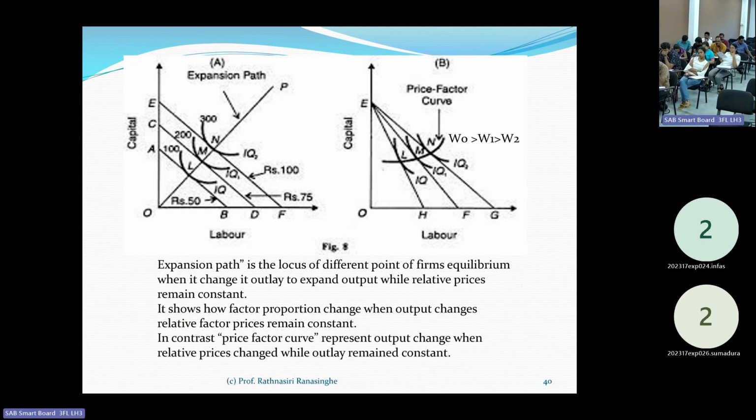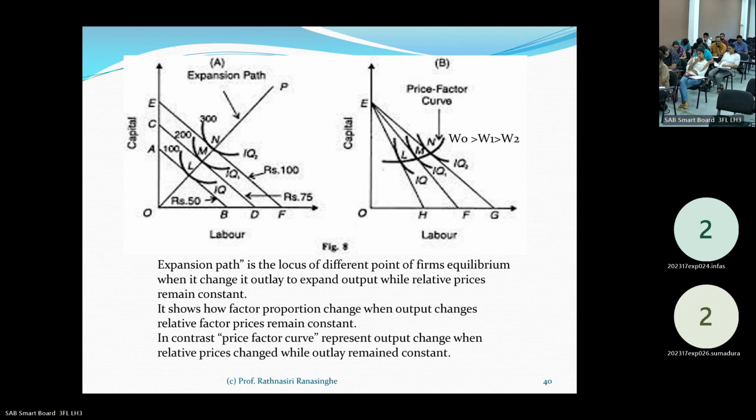Total outlay increases, which allows the producer to use more and more labor and capital in the production process. That's why the isocost curve shifts to the right.